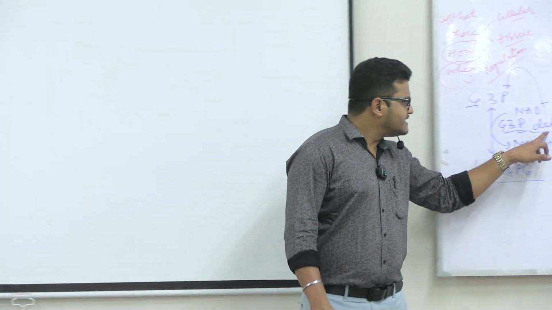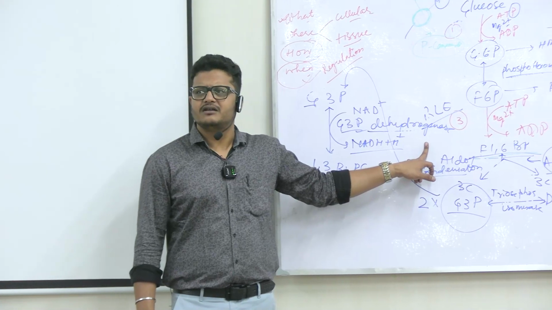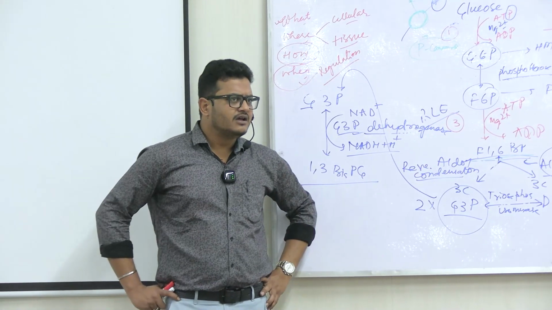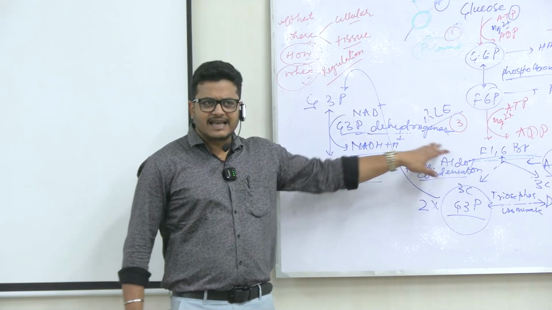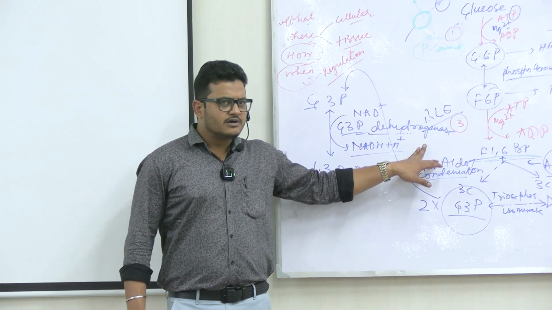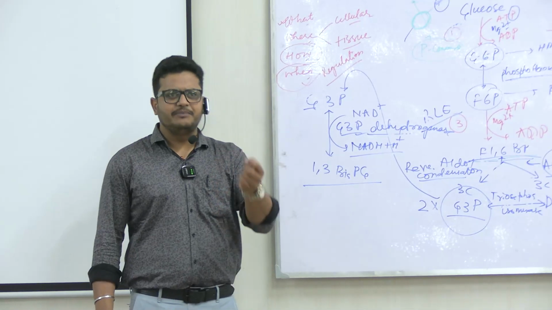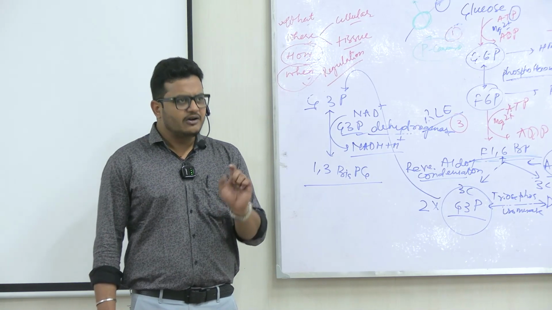But this enzyme name is dehydrogenase. Is dehydrogenase responsible for addition of phosphate? No way. Did I miss any enzyme name? Does it have to be a kinase? No, because I have not written ATP as a donor or GTP as a donor. Did I write it?